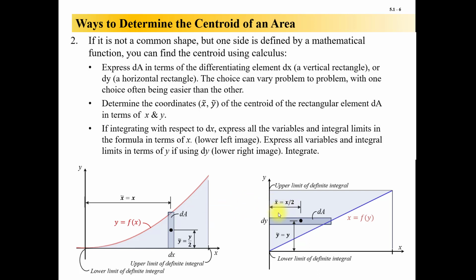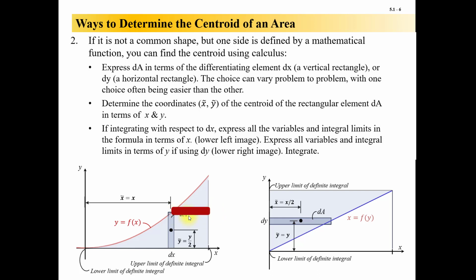For each one of these, you'll see that there's more complicated shapes, where you might have to subtract one function from another if you have multiple functions. Or if you were doing a horizontal element of the one on the left here, your differential element would be over here, and then all of a sudden it's not actually x wide, it's actually your upper bound of integration minus x wide, and then it's dy tall.